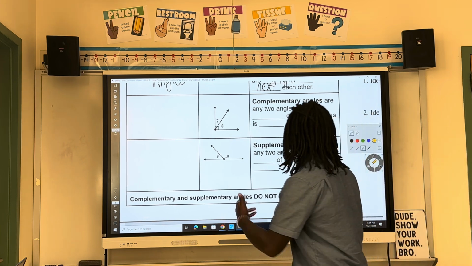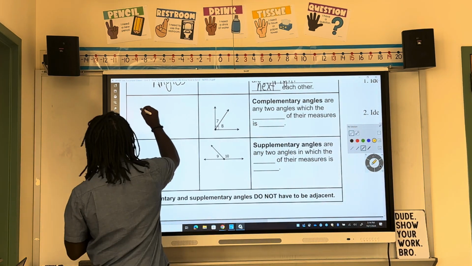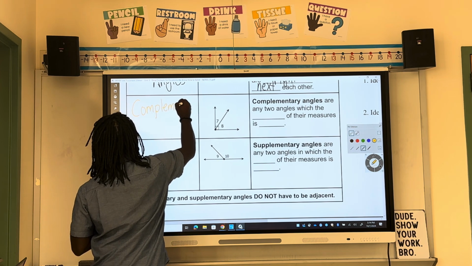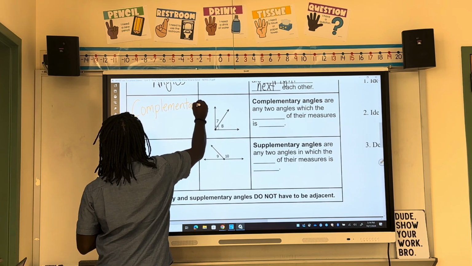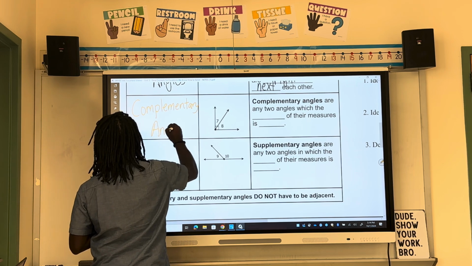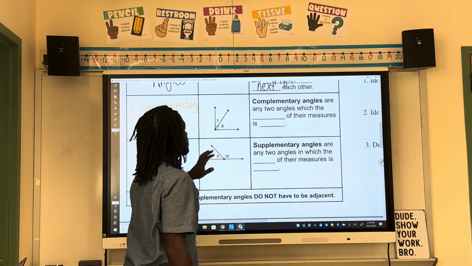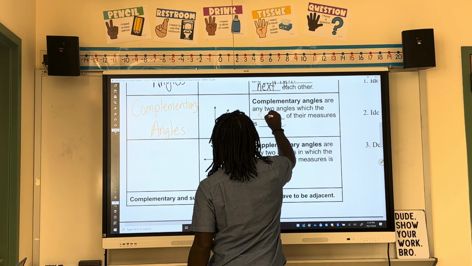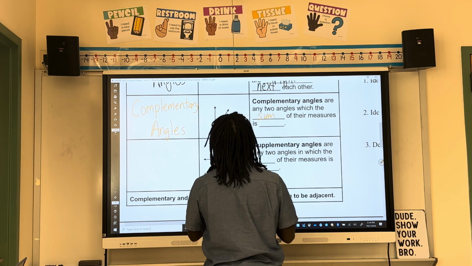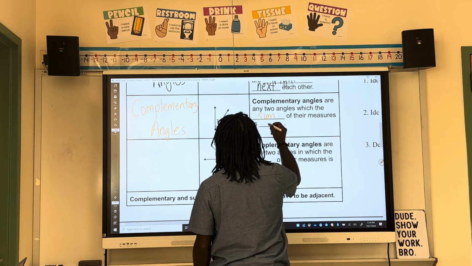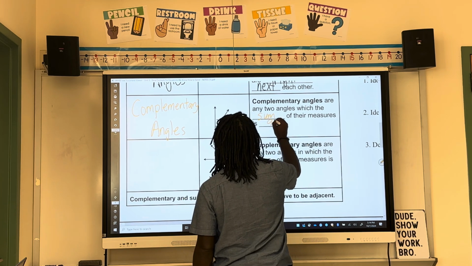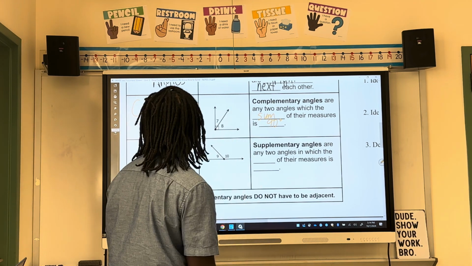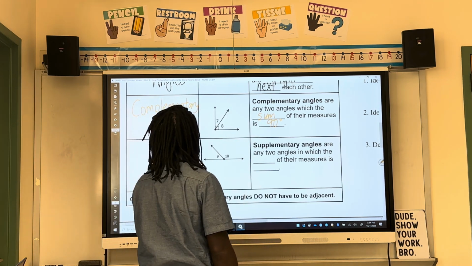So complementary angles are two angles in which the sum, or the total, of their measures equals 90 degrees.